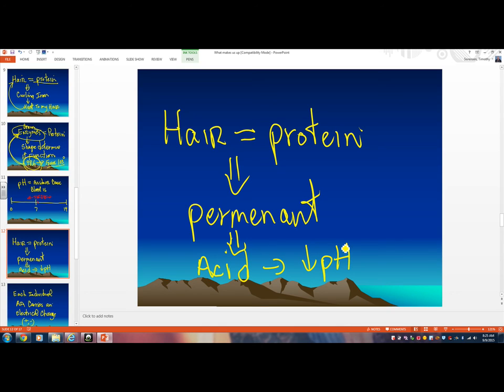Your hair now becomes more acidic. And when you change the pH of your hair, it will cause hair that was straight to become curly. Why? You've altered the pH of your hair, and when you alter the pH, it will alter the shape of the protein.